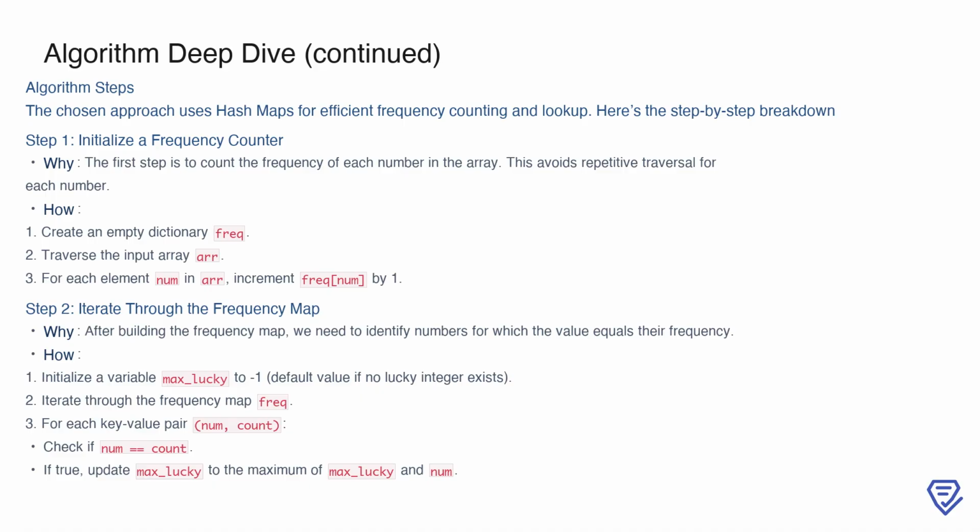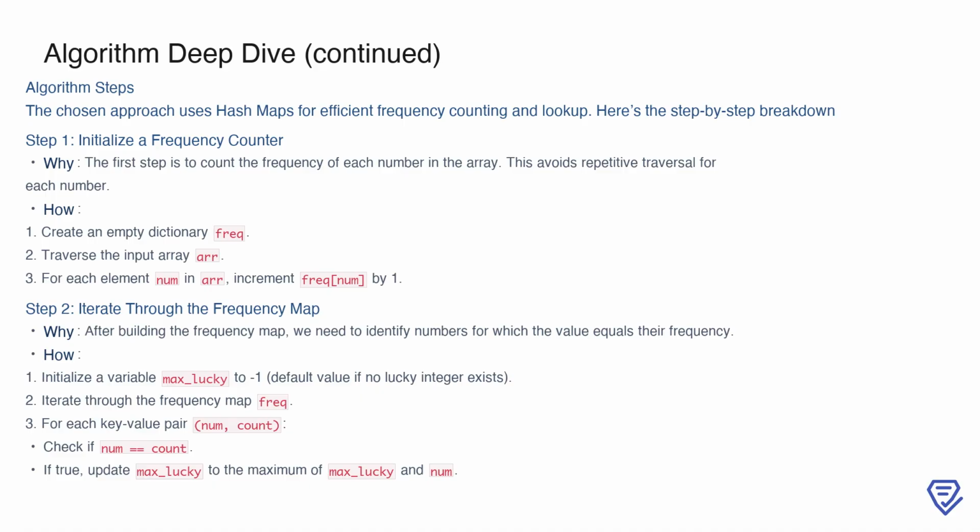Once the frequency counter is built, we move to the next step, iterating through the frequency map. The goal here is to identify numbers where the value matches their frequency. To do this, we initialize max_lucky to -1, which will serve as our default value if no lucky integer is found. Then, we iterate through each key-value pair in the dictionary.